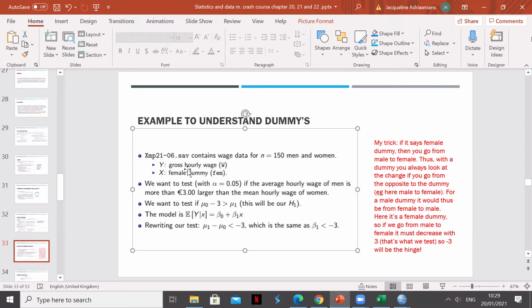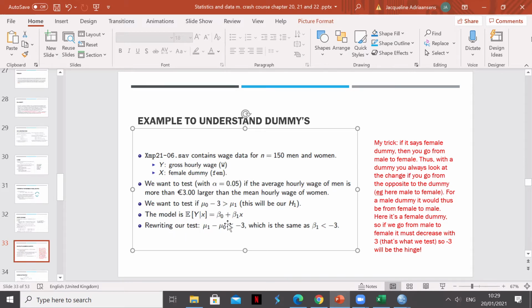Because from a woman to a man is 3 larger, so the other way around is less than minus 3. So minus 4 or minus 5, you would predict.